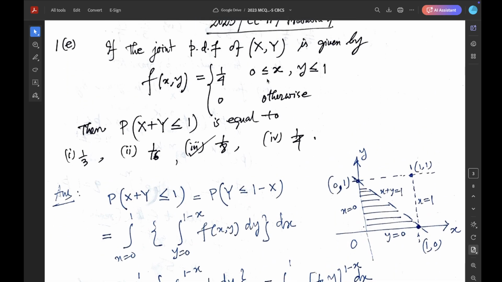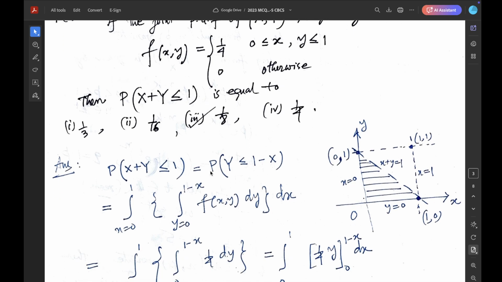Here the range of x is 0 to 1, so x equal to 0 to x equal to 1. This is the first quadrant, x axis, y axis, this is the origin O, and y from 0 to 1, so y equal to 0 is the x axis and y equal to 1 is this line, and this is the area. The probability of the event x plus y less than or equal to 1 is equal to the probability of y less than or equal to 1 minus x.